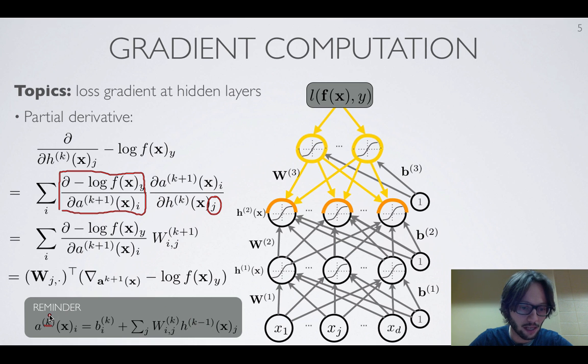So this could instead be k plus 1, and then I would have just k here, and k plus 1 here, and k plus 1 here. So for the ith unit at the layer above, its computation is just a linear transformation, so a bias plus a linear combination of all the activations of the units in the layer below. So all the jth units in the layer below.